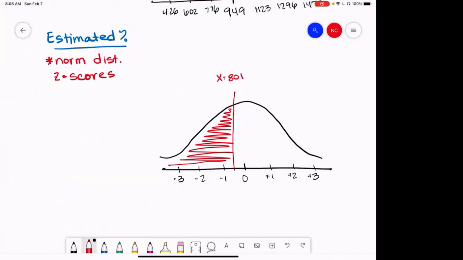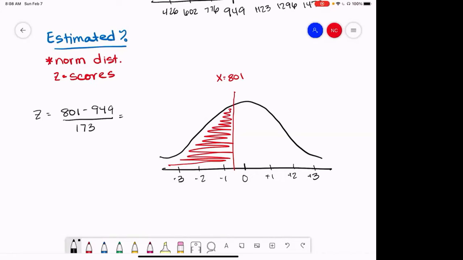And so if we're using an estimated approach, that means we have to calculate the z-score, right? Z-score is x, so 801, minus the mean, 949, divided by the standard deviation, which we said was 173. Okay, you should get something between -1 and 0, which will point you to the negative z table.